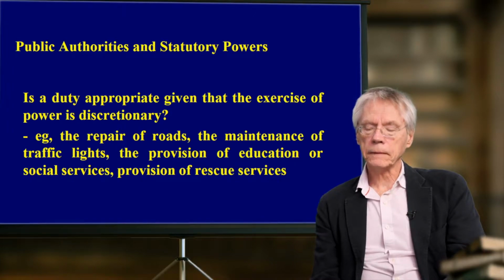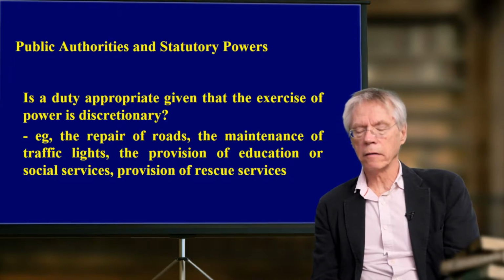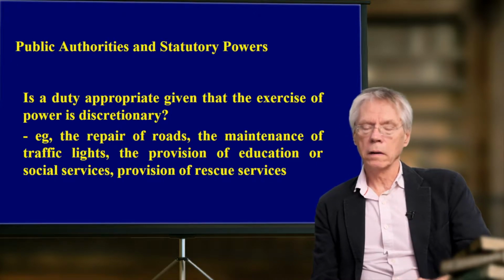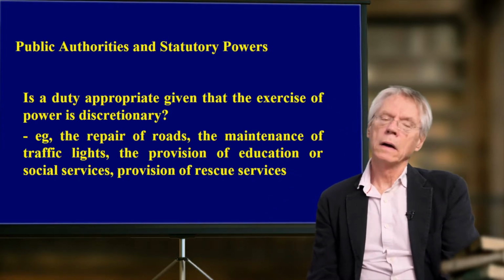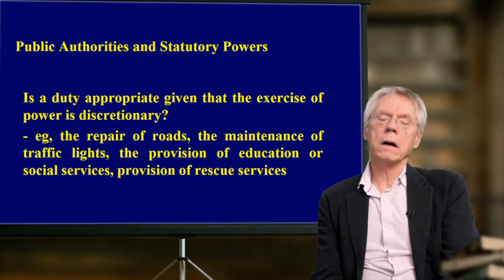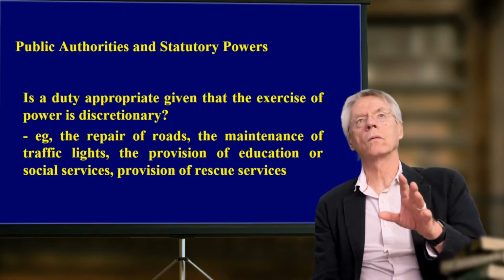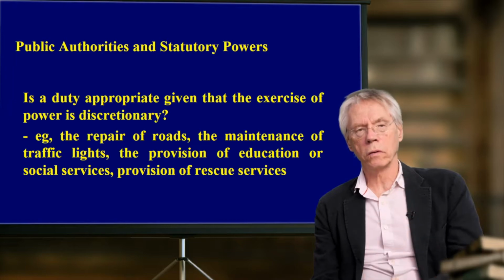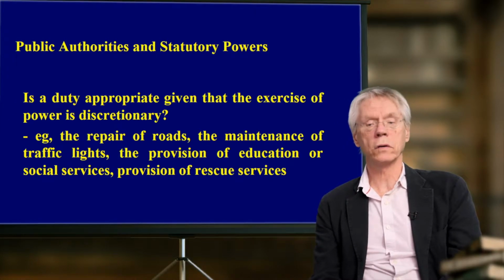But these are services that are important, but they may not be something that the government can keep up with or deliver at a satisfactory level, satisfying all citizens at any given time. Now, that's one way of looking at it, but there are probably a broad range of policy reasons why, generally speaking, there is no duty of care imposed on public authorities in the exercise of their statutory functions.